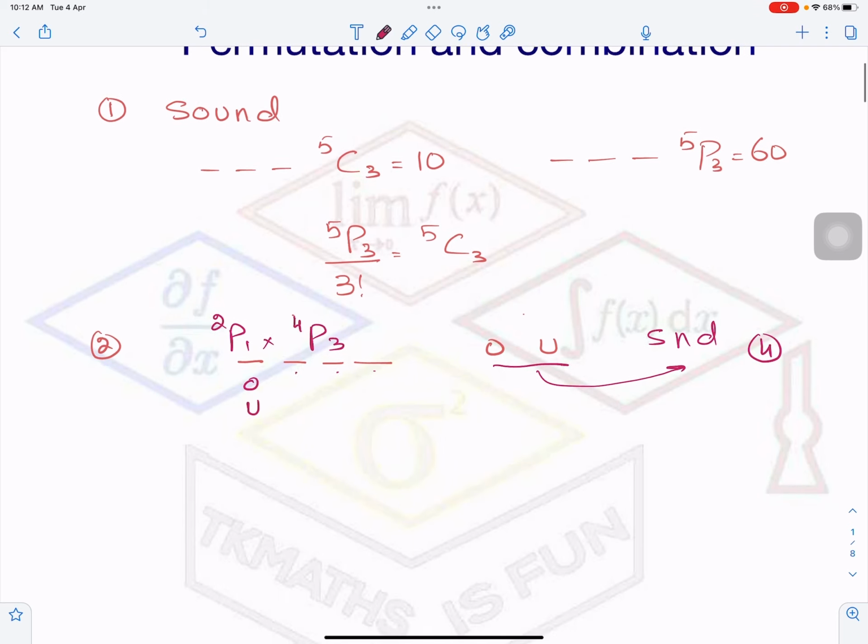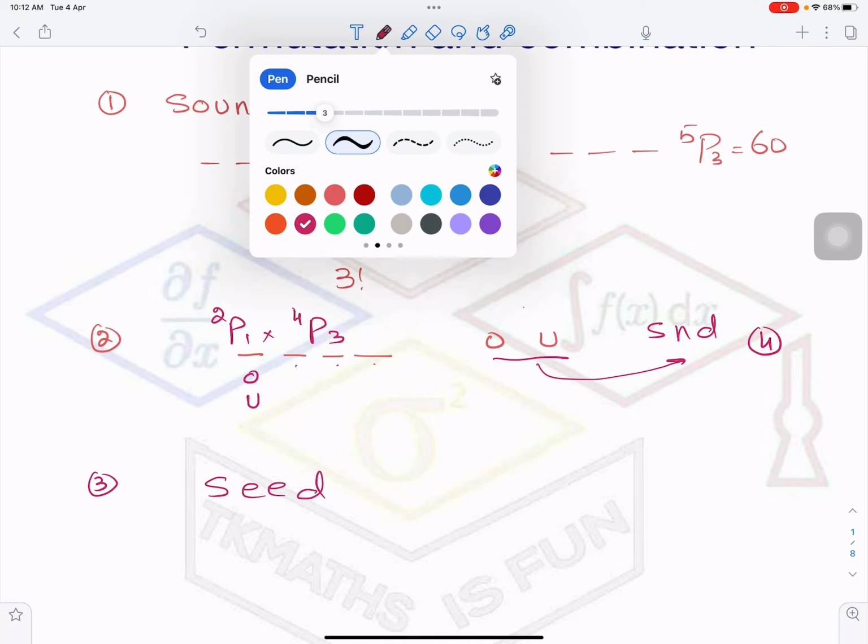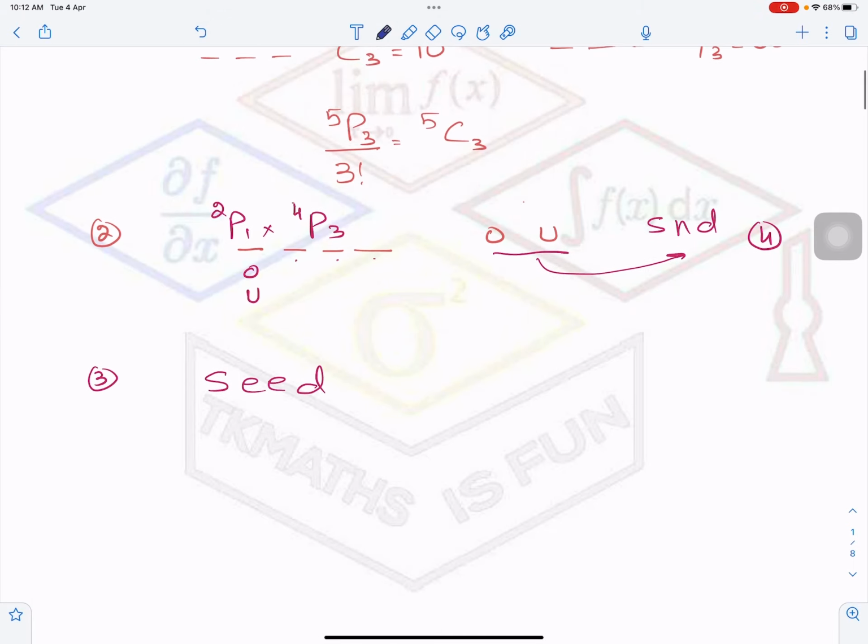So now take the case where letters are not identical. In the word SOUND, all the letters were not identical. So let's take a case of word SEED. Okay, so in this word SEED, now suppose I want to arrange it so that E's are not together. By the way, before I go into this condition, if I have to arrange all these 4 letters, how many ways can I arrange these?